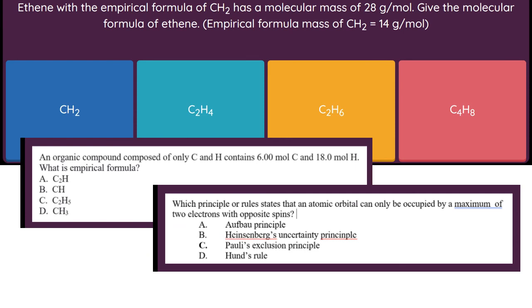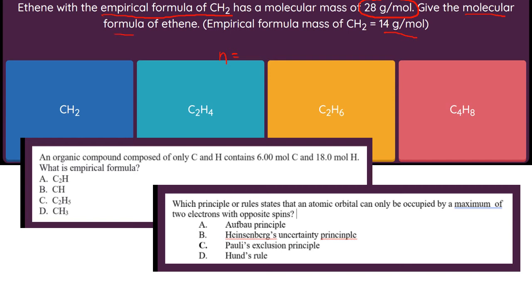Let's continue with the question related to the empirical formula. The given empirical formula is CH2, and the molecular mass is 28 grams per mole. The empirical formula mass is 14, so we need to find the n value if we want to know the molecular formula.